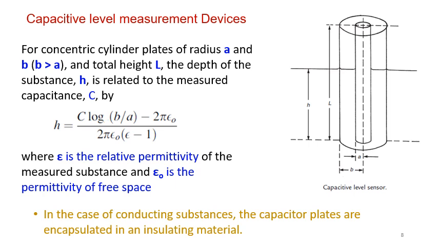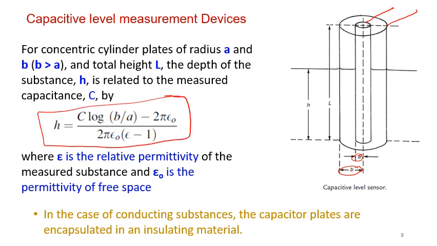In a capacitive level measurement device, we are measuring the height by measuring the capacitance. The capacitance to be measured is the capacitance between these two plates, where the inner plate has a radius of A and the outer plate has a radius of B. Of course, the equation relating the height to the capacitance is finally written as you see here.